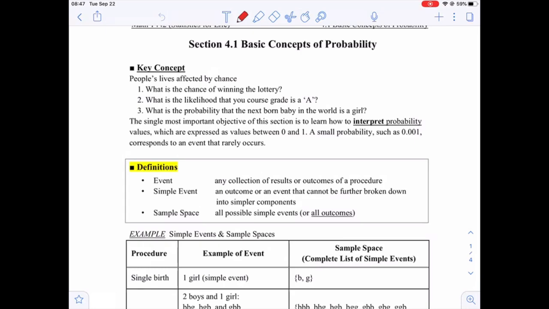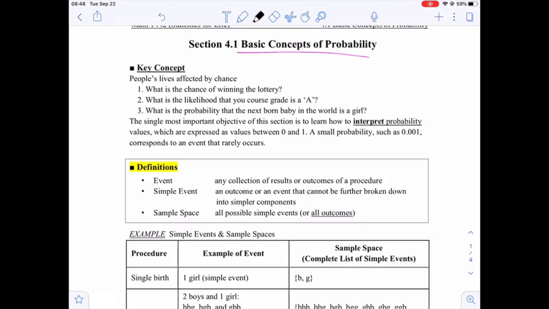We start with 4.1, where we talk about basic concepts of probability. Now in probability theory we are interested in the question of what are the chances of some event to occur. So the occurrence of some event is very important.